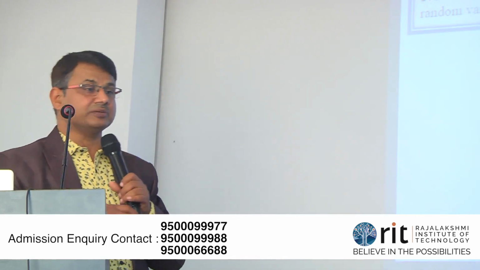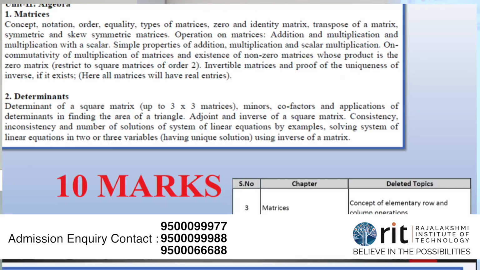Now coming to chapter number 13, mean and variance of random variable. Random variable means exercise 13.4. Questions of conditional probability are going to come.